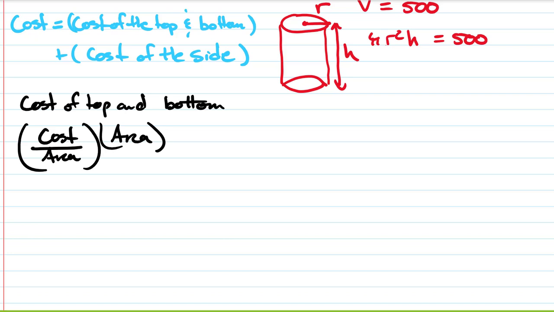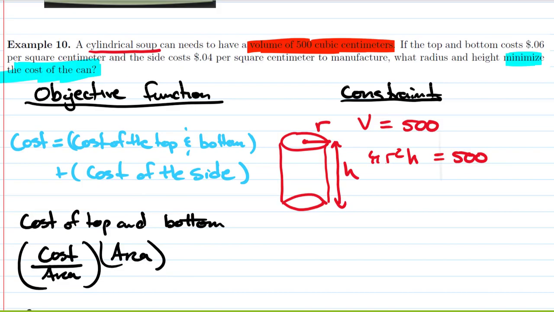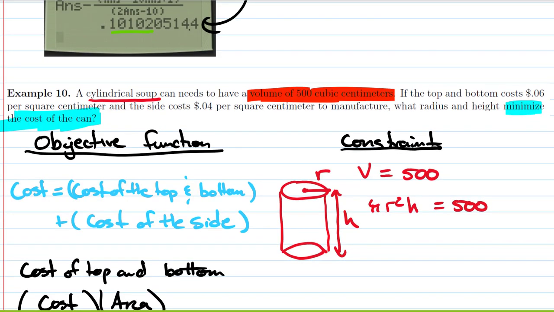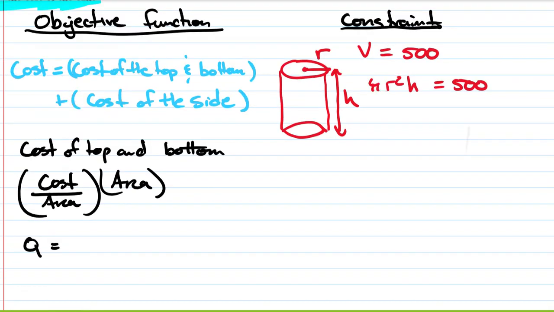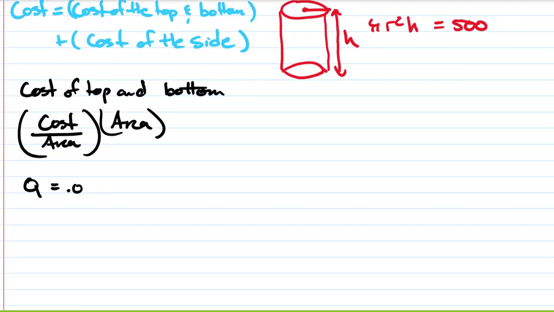So we know then that our cost, which I'll just call Q now because it's our objective function, the cost of the top and the bottom is 4 cents per square centimeter. But now we need the area of the top and the bottom. So if we look at this over here, we have our can.